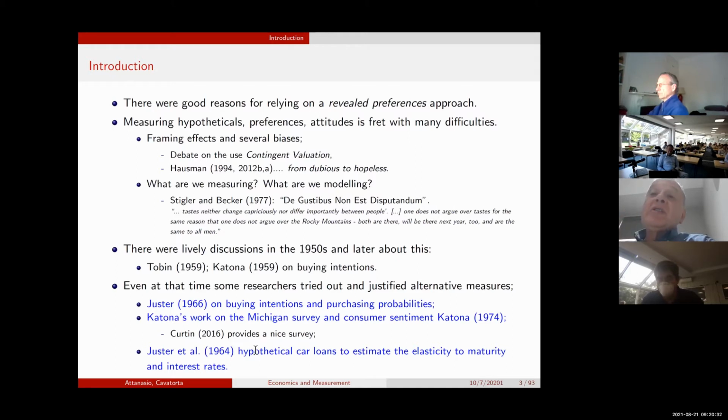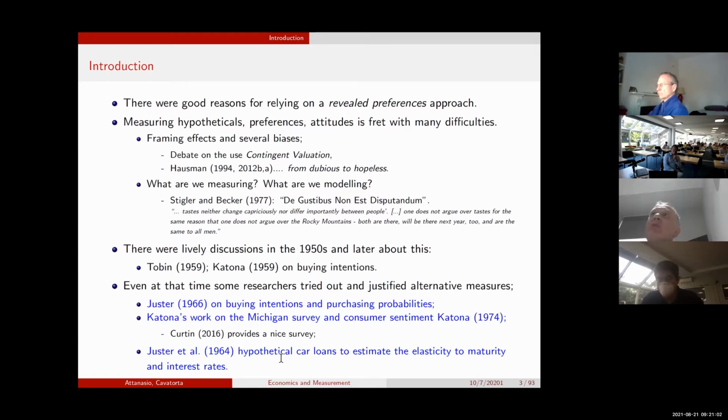The paper by Juster, published in 1964 in an NBER booklet, was about hypothetical car loans. So he ran a survey and they asked a random set of people, if you were to buy a $2,000 car and you were offered this set of different loans, that differ in interest rate and maturity, which one would you choose?